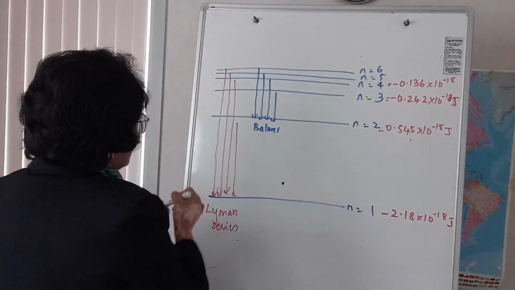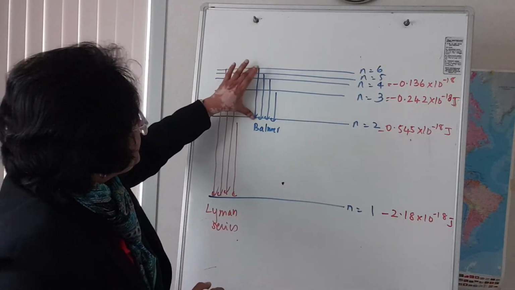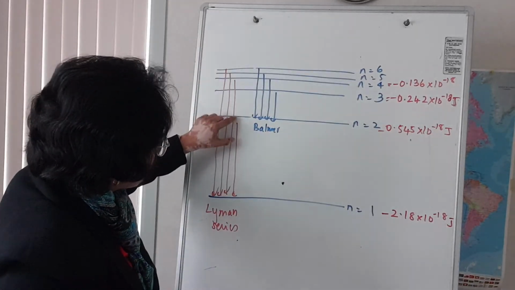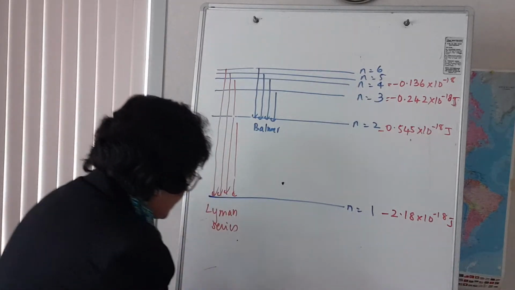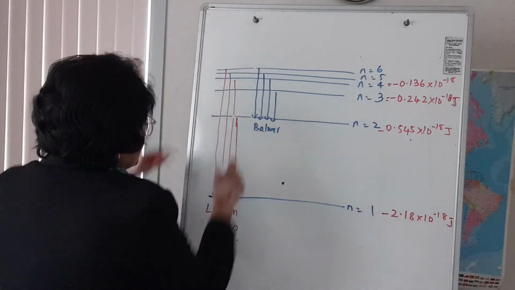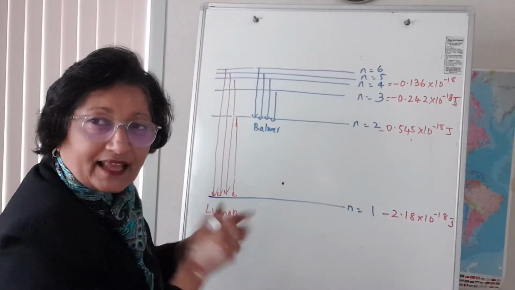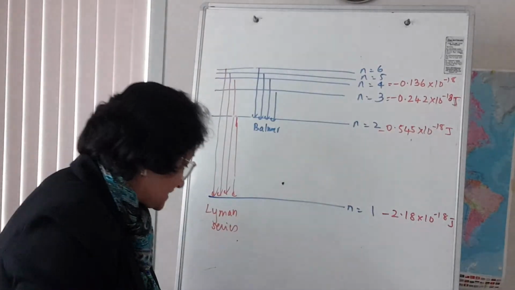Now the important thing is, the biggest drop to level 2 is much smaller than the smallest drop to level 1. I'm going to extend the slide. So this is a much bigger drop compared to this. That is why each series is quite distinct.